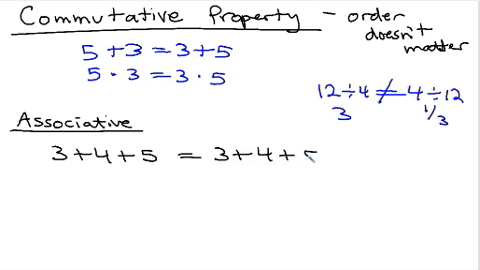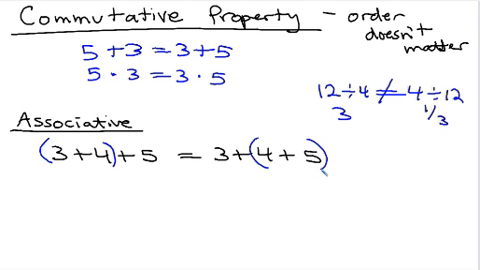I think you all would agree with this statement. 3 plus 4 plus 5 equals 3 plus 4 plus 5. If it's all addition like that, the associative property says that if I put parentheses around 3 plus 4 on the left, and on the right I put it around 4 plus 5, I get the same answer.